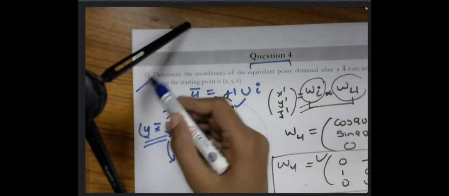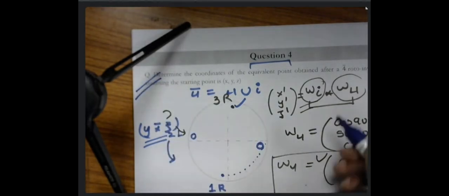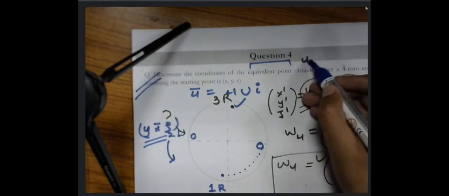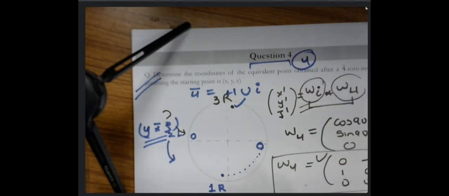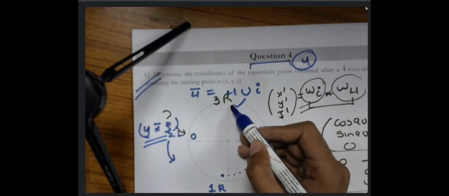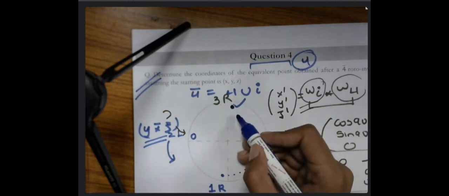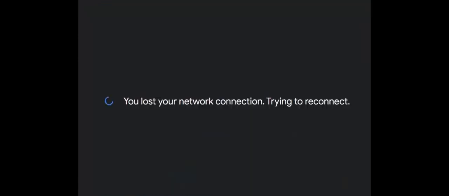In that manner, we have seen that there will be 4 equivalent points, and we also write the coordinates of the 3 equivalent points. Similarly, apply this to the point we have obtained, x bar, y bar, and z: apply 4 to this, invert it, and you will get this particular point.